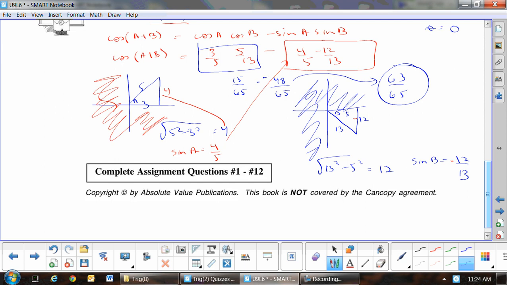Now, if this was a written response, they would have, it is A over 65. Put A in the boxes, right? Because I know that the big one people would get is they would put that as a positive 12, and then they will be going 15 minus 48. Yeah, in that case, you know what?